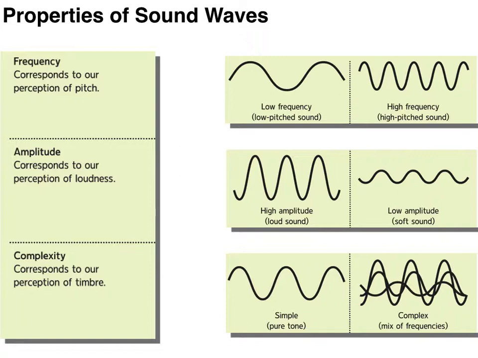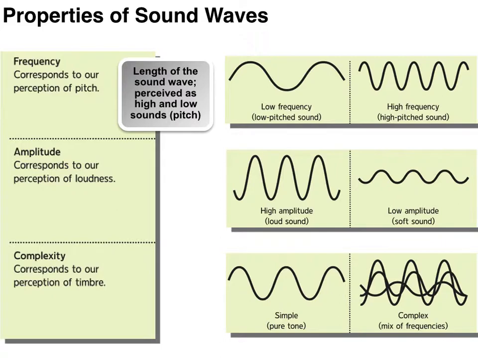And we'll also talk about the complexity of it. Is it a pure tone, or are there multiple frequencies on top of each other? So frequency corresponds to our perception of pitch, okay? The lower frequency has what we're going to perceive as a lower pitch.